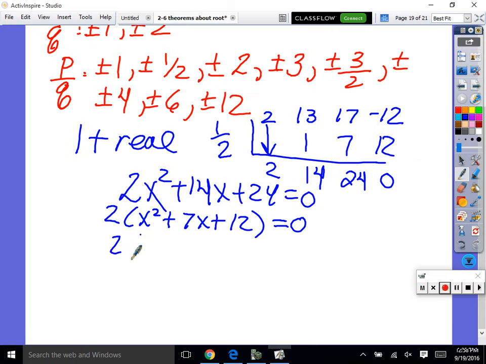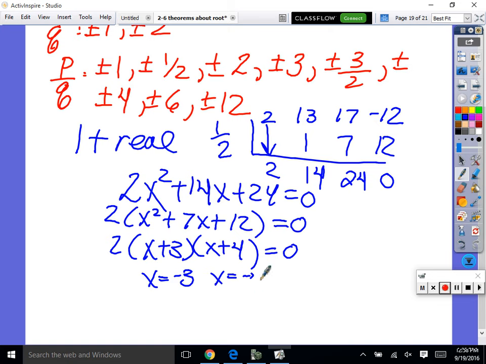So this factors to 2, x plus 3, x plus 4, correct? So set them equal to 0. The 2 doesn't matter. We don't ignore it because it's not a variable. So we get x is equal to -3, x is equal to -4. And then we also had a half. So there were 3 real rational solutions, correct?